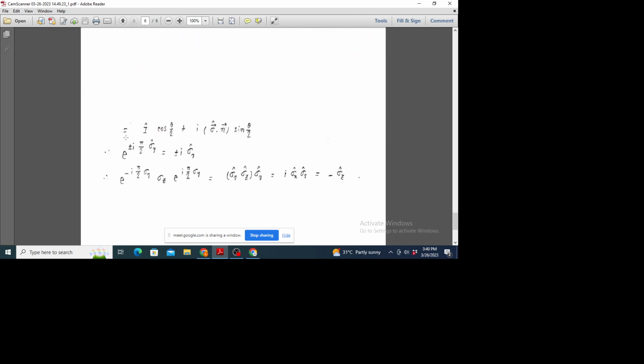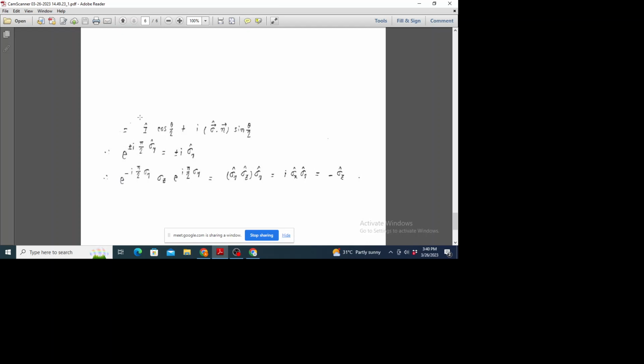Let us compare: sigma dot n is sigma y here. Theta is plus minus pi. So compare with this one: theta is plus minus pi, and sigma dot n is only sigma y.